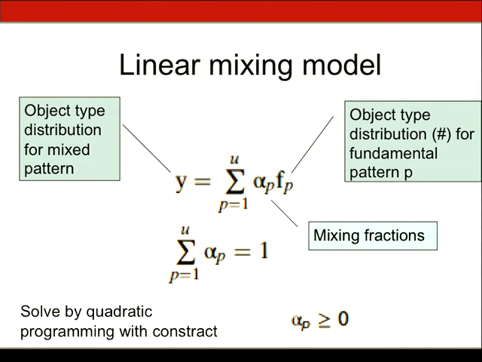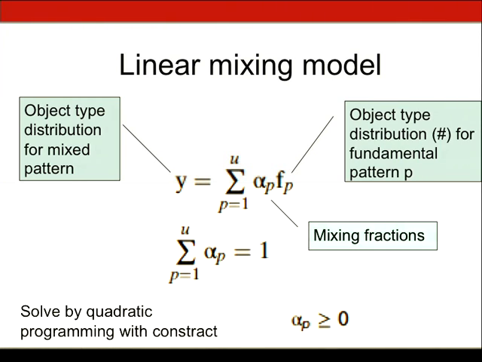So what we're going to say is that we've learned from example images of the various fundamental patterns a distribution of each of the object types. Now, this is a distribution in the form of numbers of objects. Okay? So 27 objects of type 1 and 33 of type 2 and so on. And that's this FP.